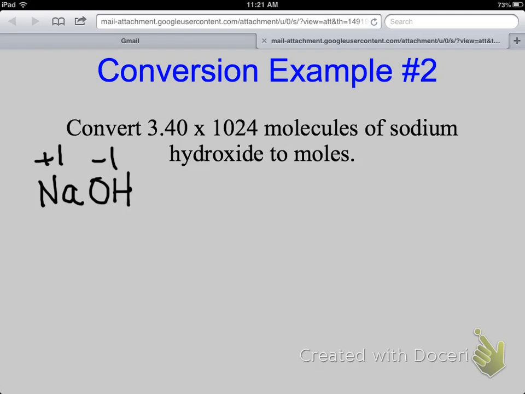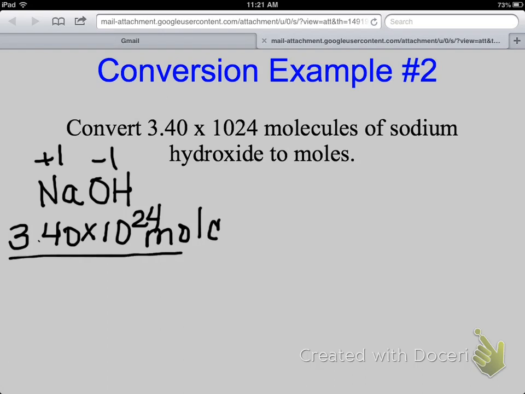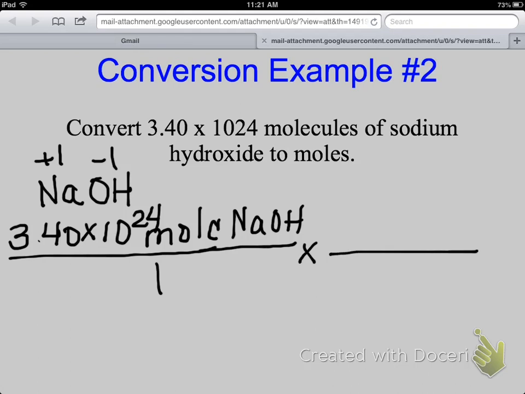We're good to go. So setting up the problem, I take what's given, 3.40 times 10 to the 24th molecules. I'm going to abbreviate molecules MOLC. So take what's given, and we have NaOH. You want to include that. Put it over 1. So because I have molecules on top, I need molecules on the bottom.